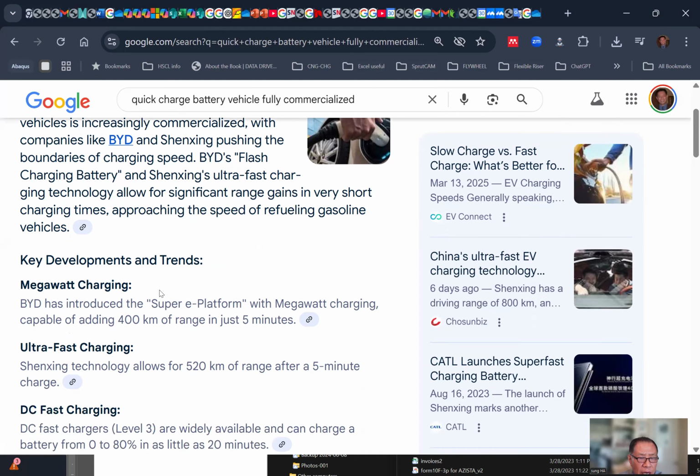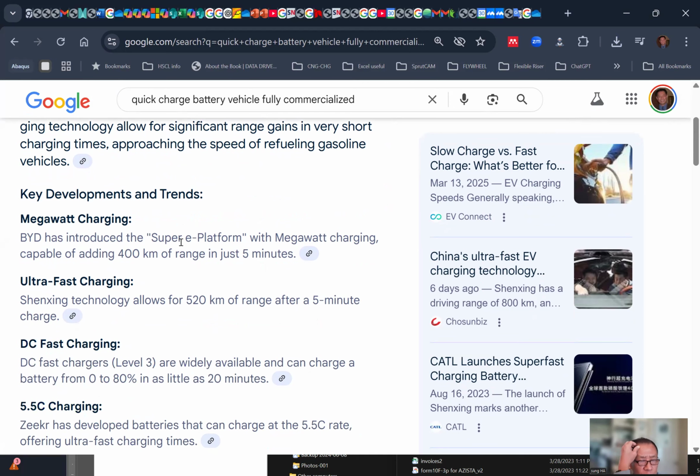How short? Well, 5 minutes to reach 400 kilometers of range. Really, this is super fast.